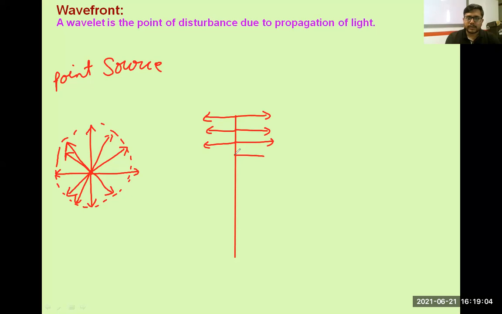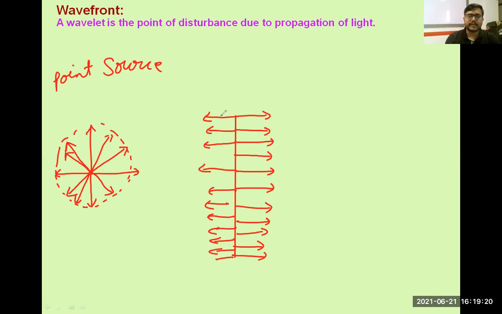So actually, when you see this line source of light, you will observe that the ray of light is traveling like a solid cylinder. Okay, let me draw the diagram first, then you will understand. So it will flow like a solid cylinder. Okay, like this. So for a line source of light, the wavefront will be cylindrical, or you can say solid cylindrical. Okay, so this way the wave is traveling, or you can say this is the wavefront.